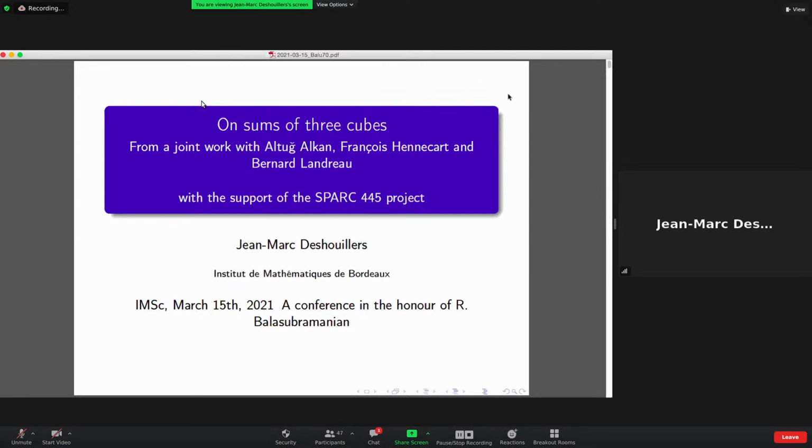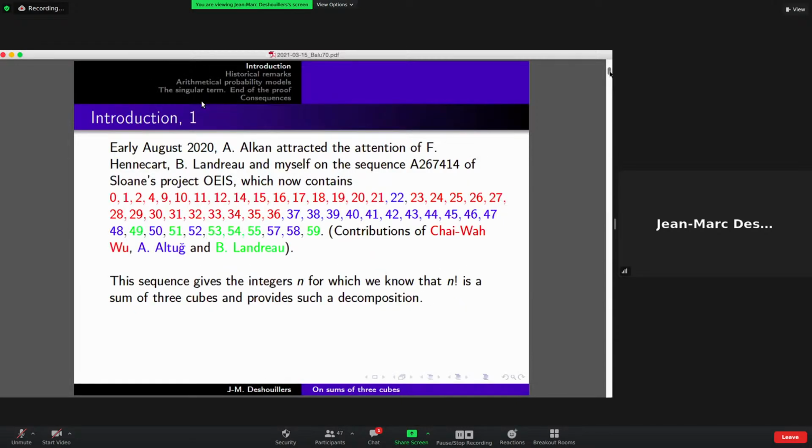And so I'm going to speak. When I say cubes, I mean cubes of non-negative integers. So it started early August this year.